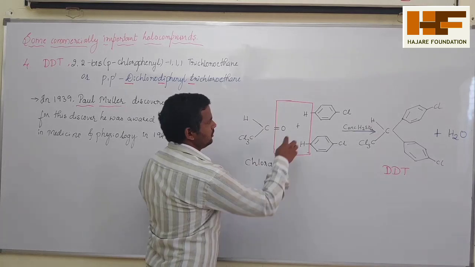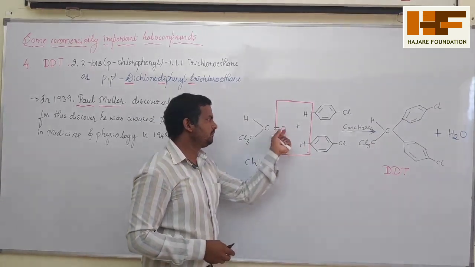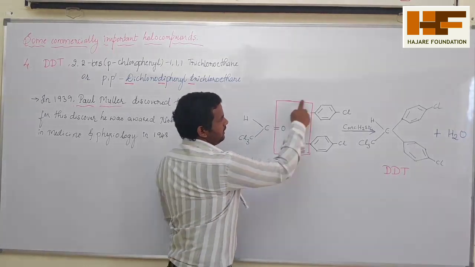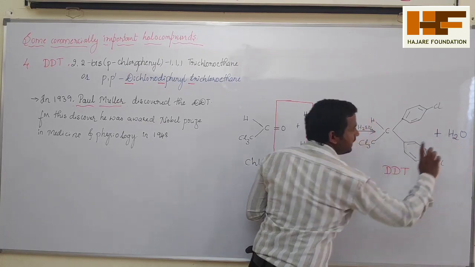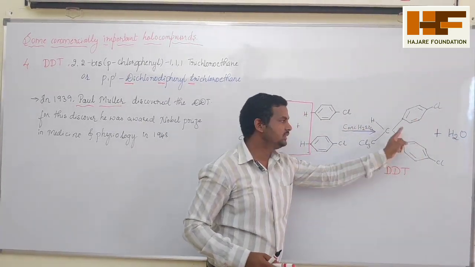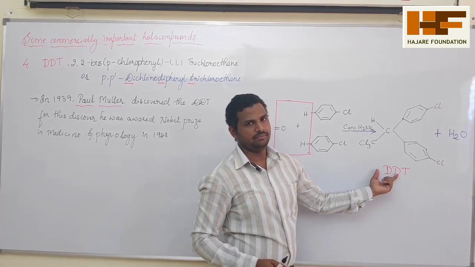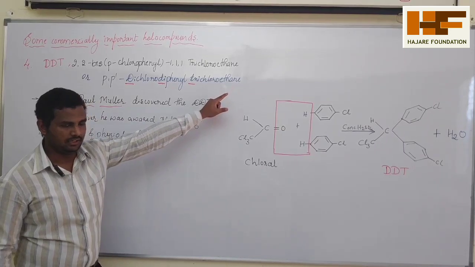Here there is an H, and here an H, and a C double bond O. The oxygen from the carbonyl compound is liberated and combines with the H and is eliminated as H2O, and the remaining part is this compound, DDT, dichlorodiphenyltrichloroethane.